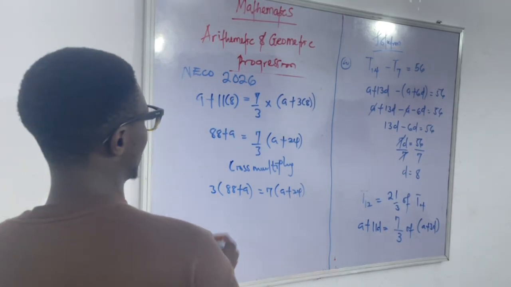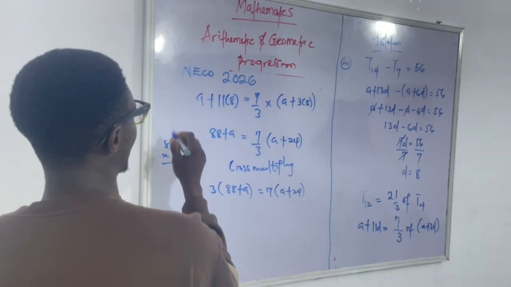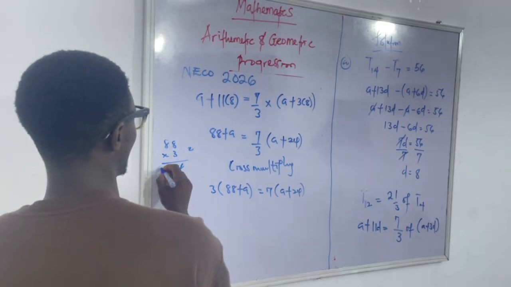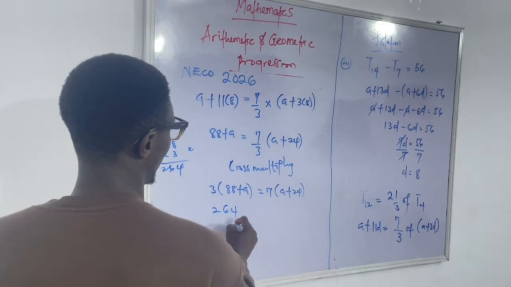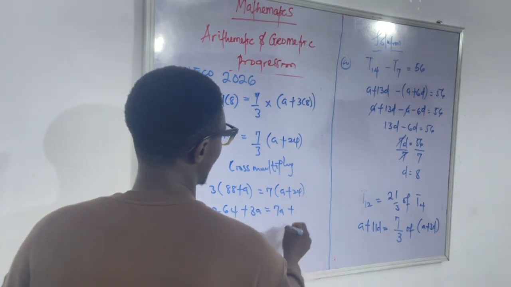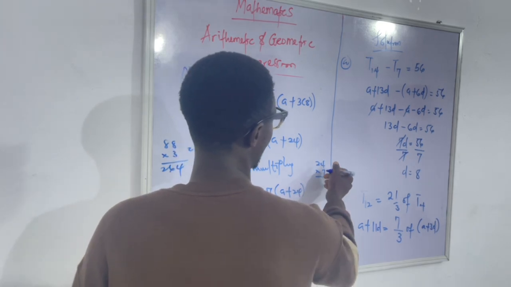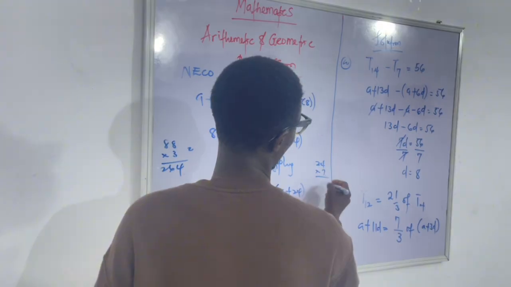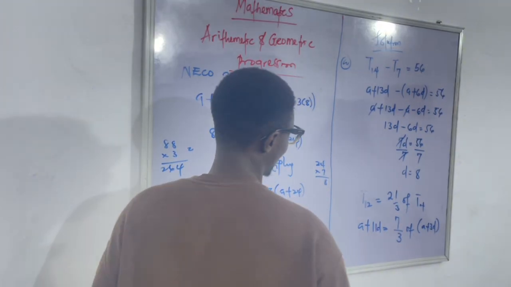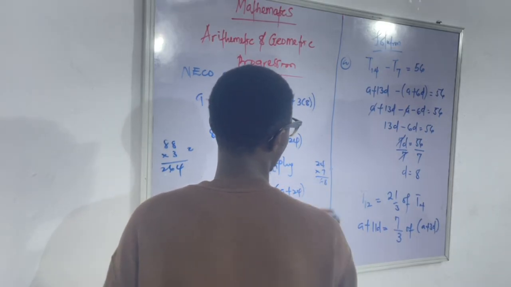Are we together? So 88 times 3, we can do that, that's 264, plus 3A equals 7A. So that's 24 times 7. Literally, that's 7 times 4, that's 28. Are we together? So that's 168.